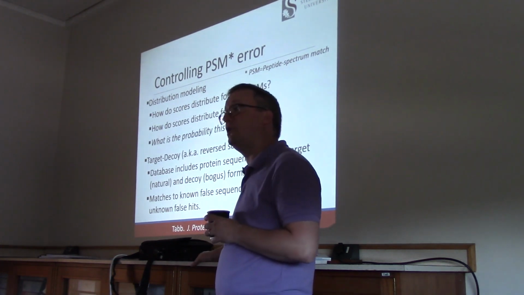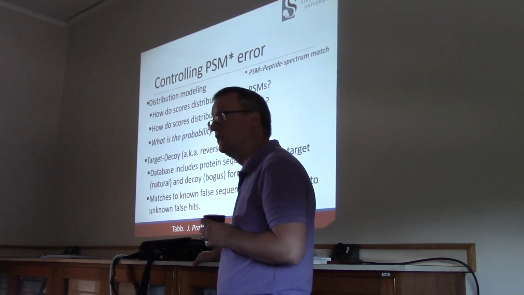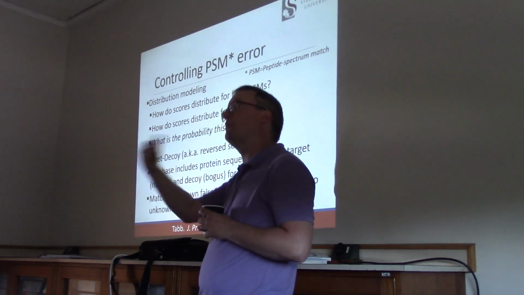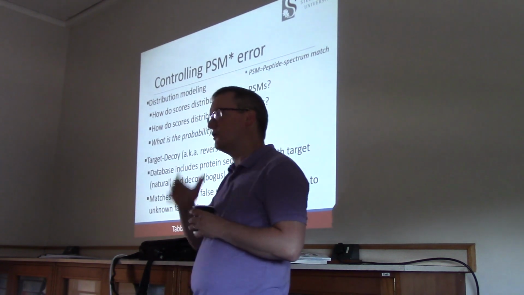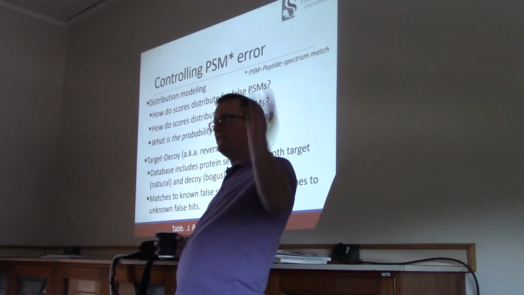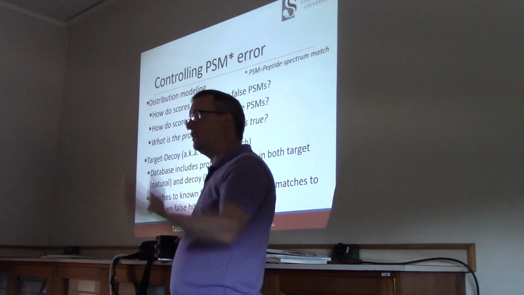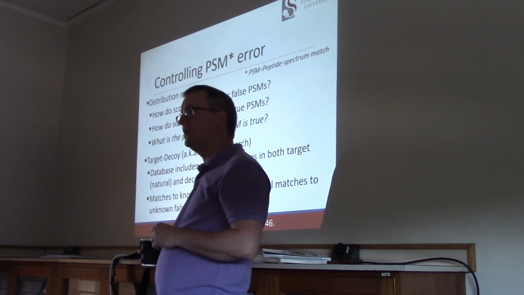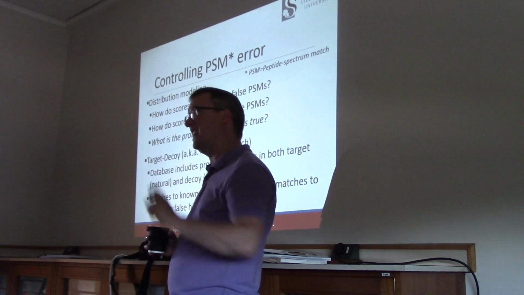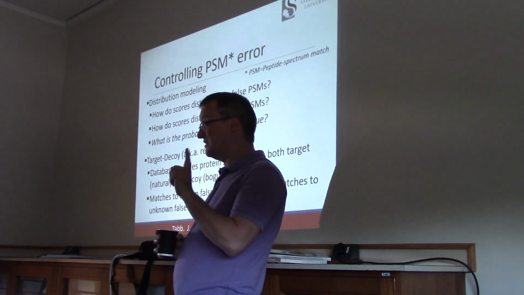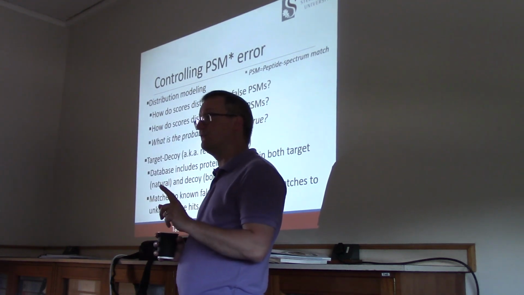They use an approach called distribution modeling to decide what the probability of error is for individual PSMs. So rather than say, out of this set, I think the accuracy is such and such, they put a probability of error on every PSM. That's a very specific kind of goal.